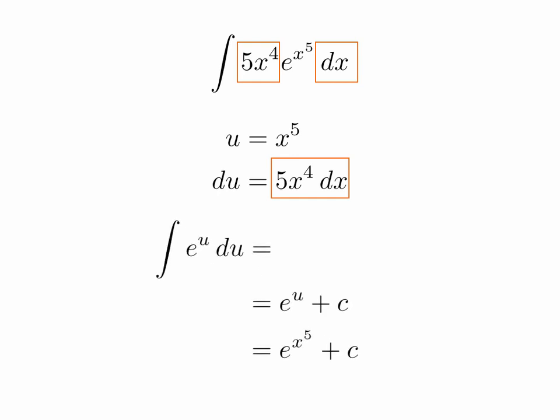Our integral now becomes the integral of e to the u du. The antiderivative of e to the u is equal to e to the u plus a constant. And when we substitute x to the fifth power in for u, our final answer is e raised to the power of x to the fifth power plus the constant.